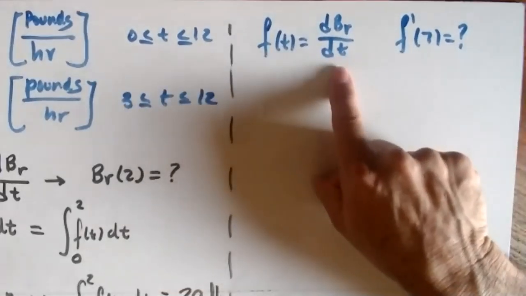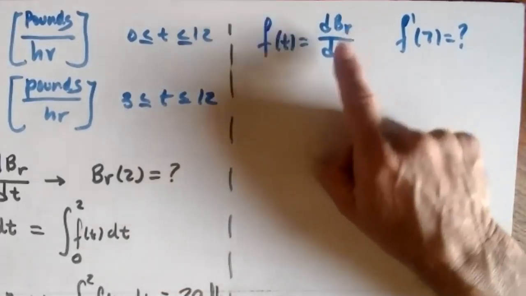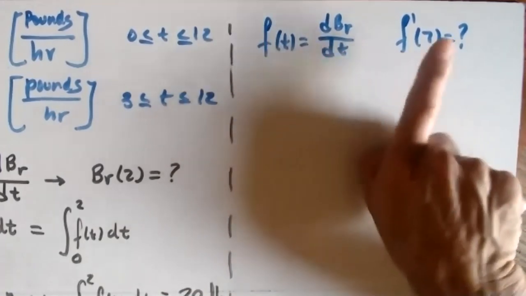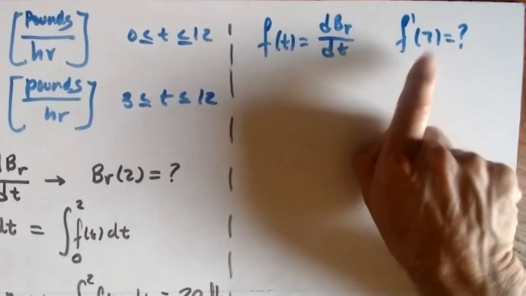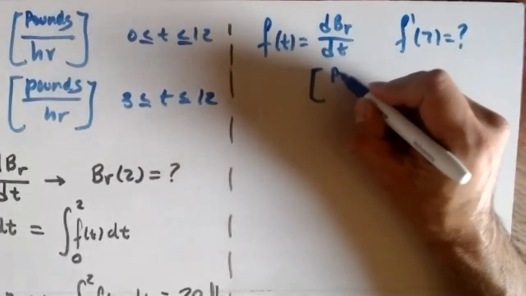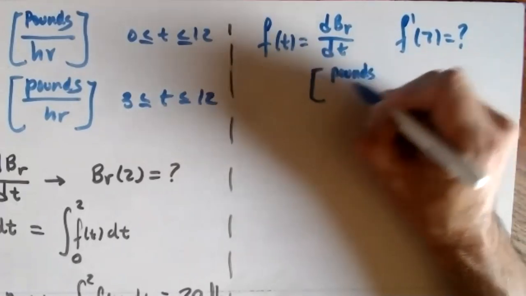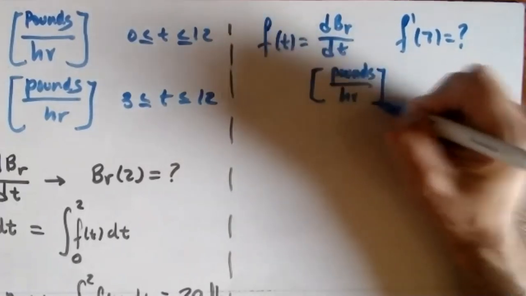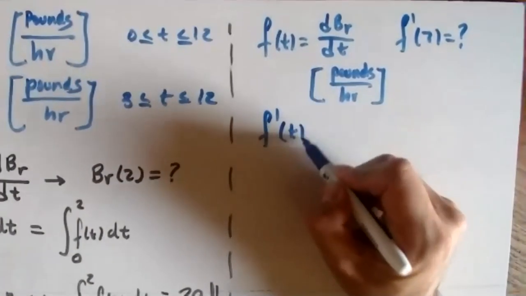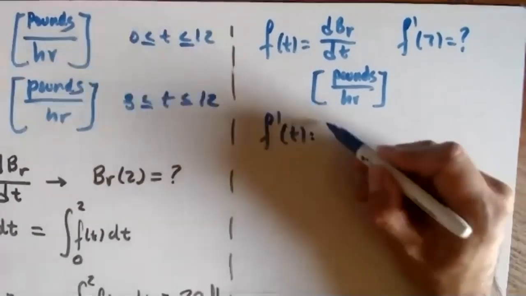f of t is the derivative of something, the number of pounds removed with respect to time, and we want f prime of 7. The units of f are pounds per hour, right? And f prime of t is going to have what units?